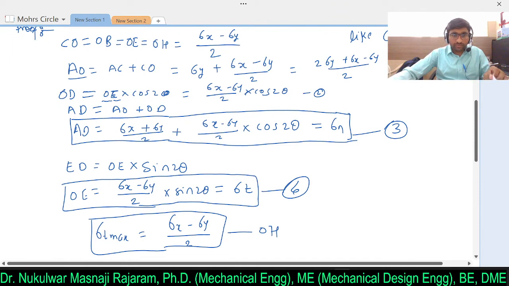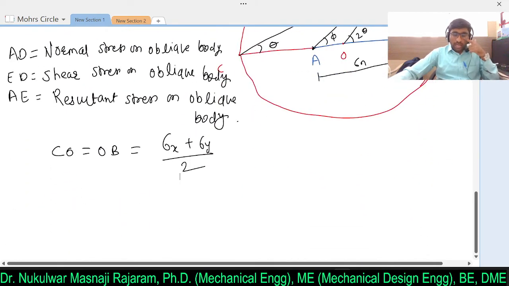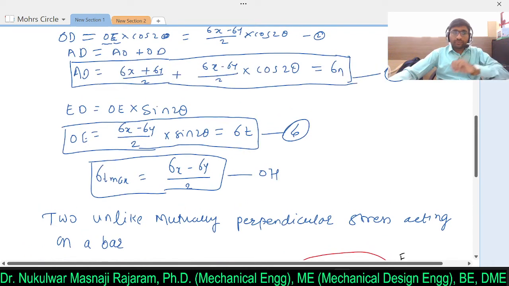Instead of this positive, you will get negative. Instead of this negative, you will get positive. That's it. As we already learned, to evaluate the normal stress and tangential stresses on the body, we use these two formulas.